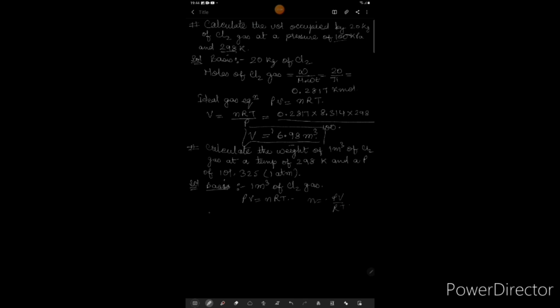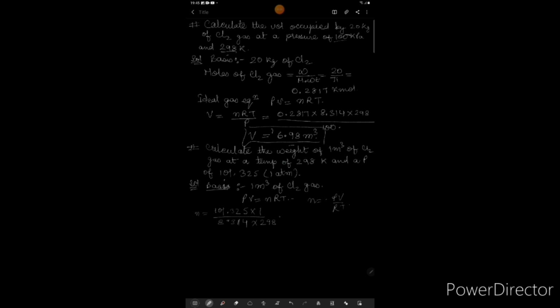Okay, so number of moles, n equal to P given is 101.325 into volume is 1, and R is 8.314 into temperature is 298.